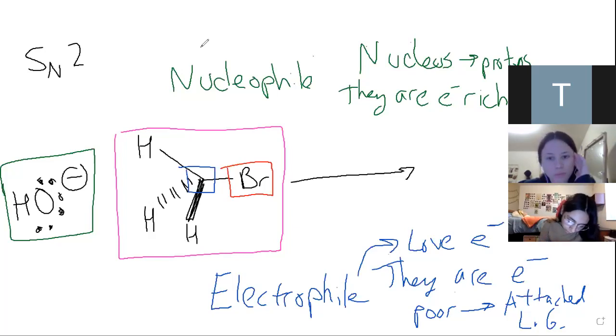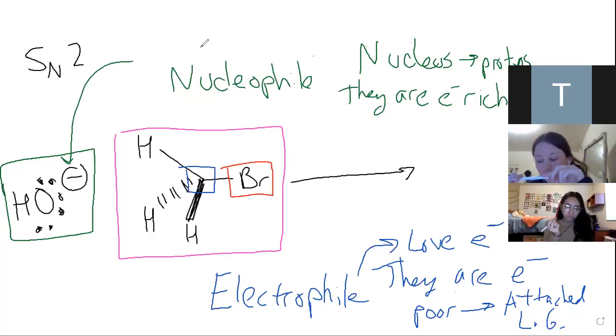And so what do you think is a dead giveaway if you're trying to determine what a nucleophile is in your reaction? The electrons, like the lone pairs. Lone pairs, yep, anything with a lone pair can be a nucleophile, but what's usually a good dead giveaway that says, nope, that has to be my nucleophile? Oh, the negative. Yep, if you see a negative charge, that's usually indicative that it's going to be your nucleophile.